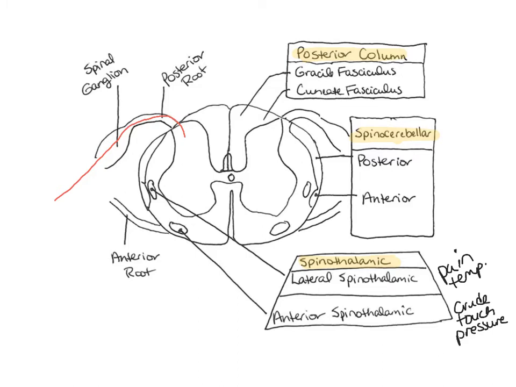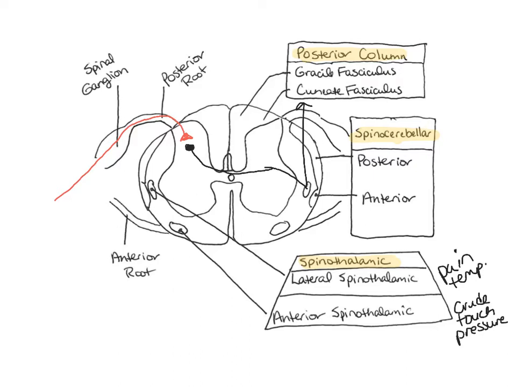So it brings the information in, and then it's going to synapse onto another neuron, that second order neuron. That second order neuron then is going to cross over the spinal cord, and then it's going to go up through the lateral spinothalamic tract, right? So it just crosses over, and then it's going to go straight up.